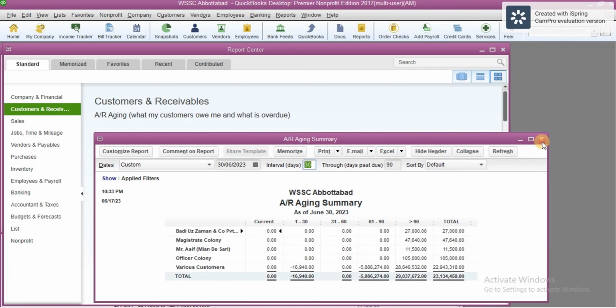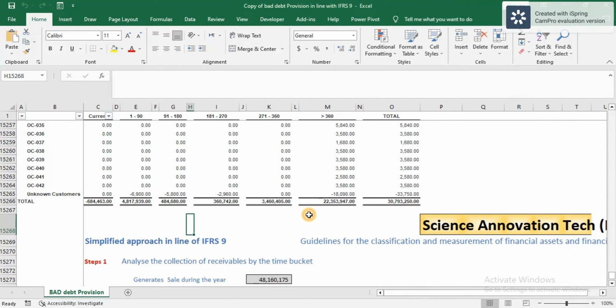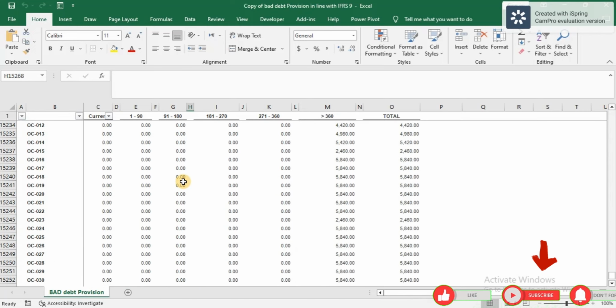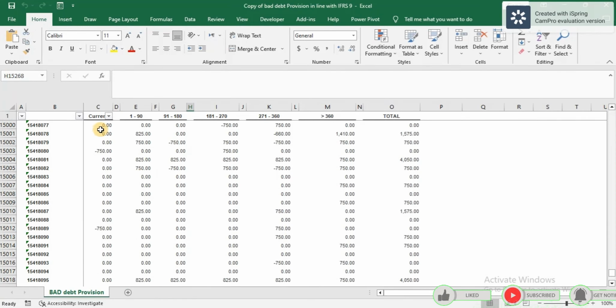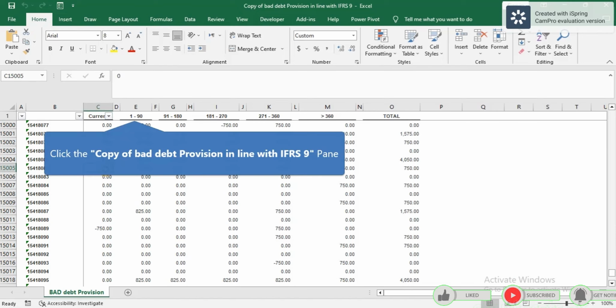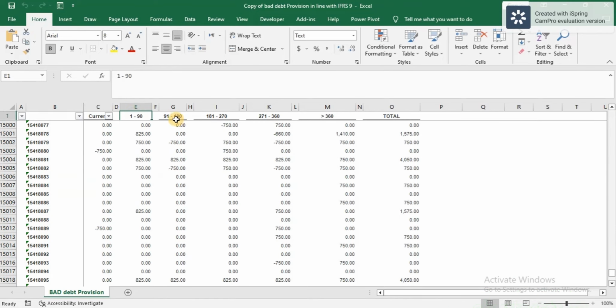In this case you will get such a type of aging report, like the one I have exported here. Here these are the current outstanding balances. These are 1 to 90, this is from 91 to 180.